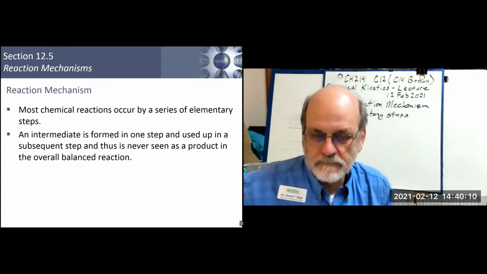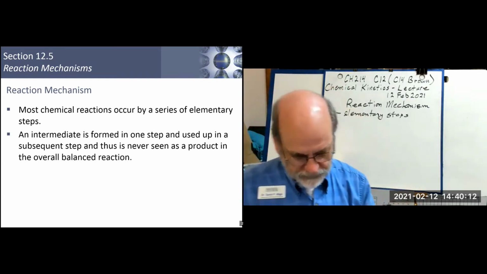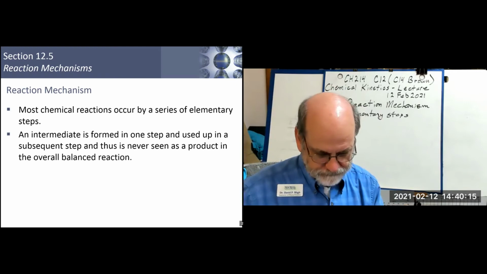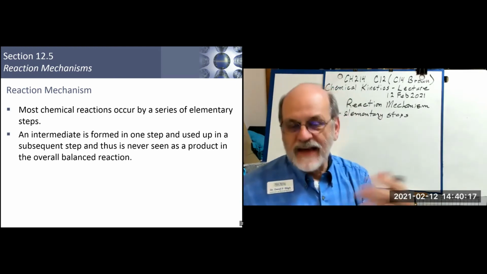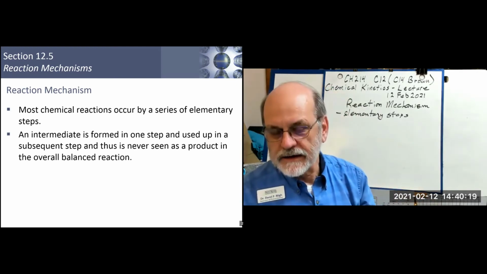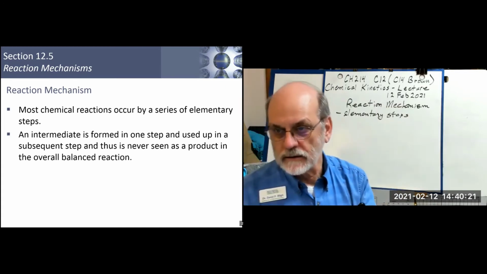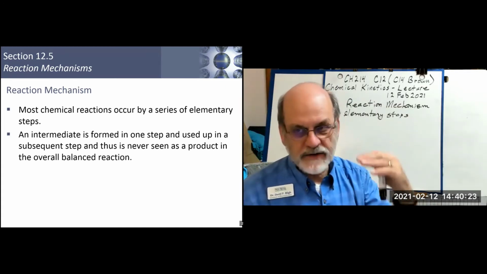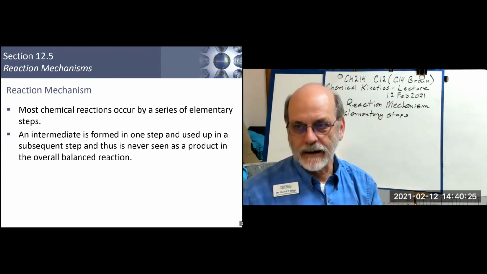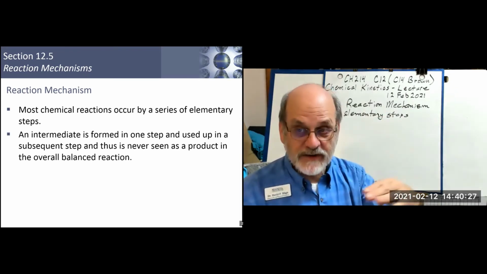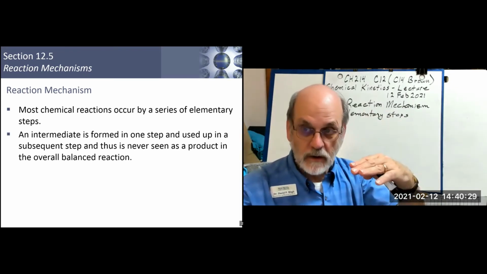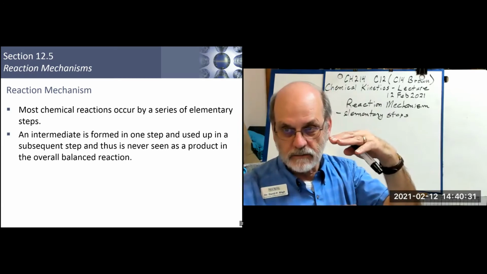Well, Hess's law just says it doesn't matter how you get where you're going. You can go there by several steps. But when you add up those steps, they have to equal the overall reaction.